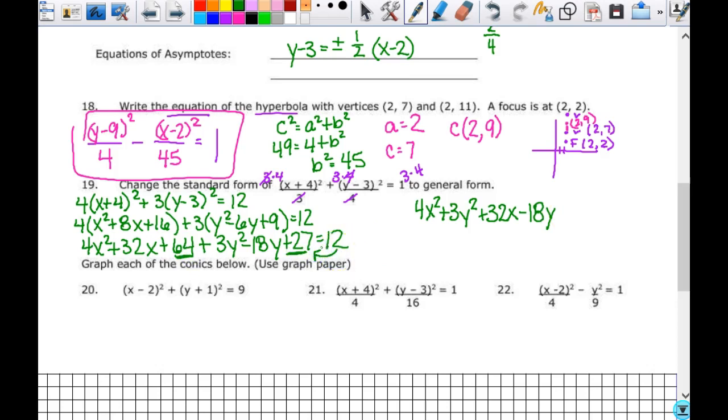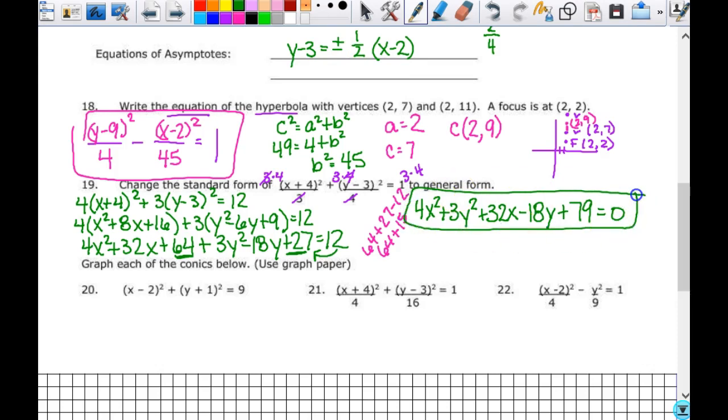Basically, I'm going to get 64 plus 27 minus 12. So that's going to be like 64 plus 15. That's going to give me 79. That's a positive 79 equals 0. There is my general form.